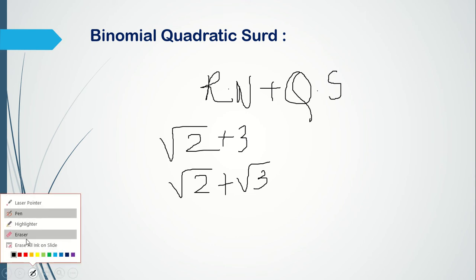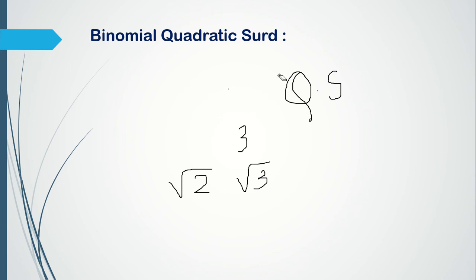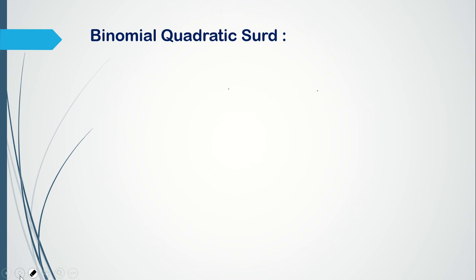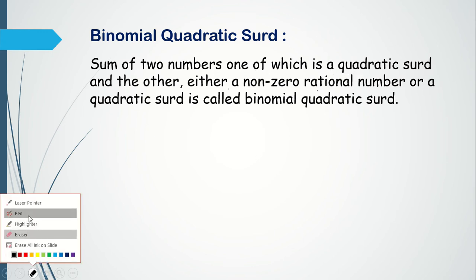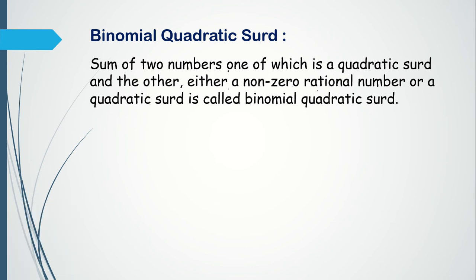So let's see the proper definition of it. The sum of two numbers of which one is a quadratic surd and the other can be either a non-zero rational number.